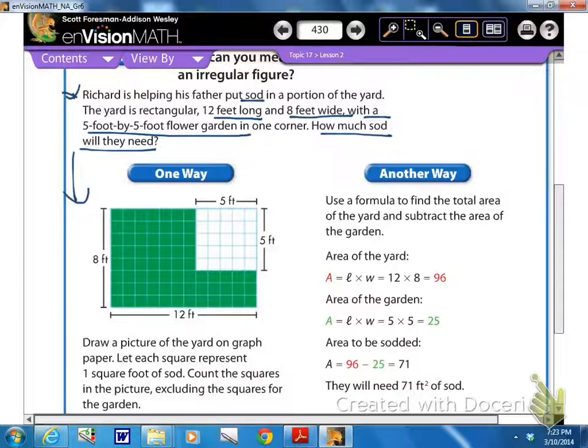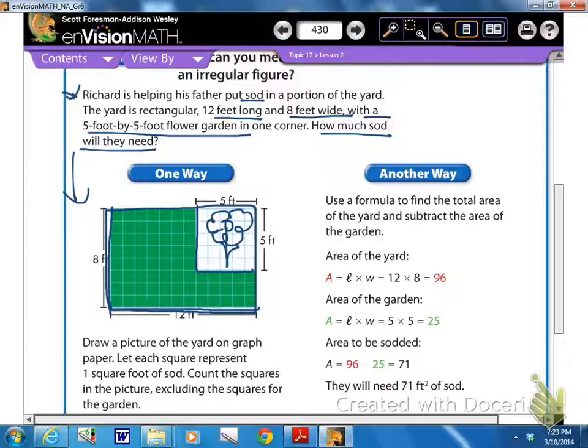We have a yard. It's 12 foot long and 8 foot wide. So here's my whole yard, all of this, 12 by 8. And here is that 5 by 5 flower garden. We want to put flowers in this area right here.